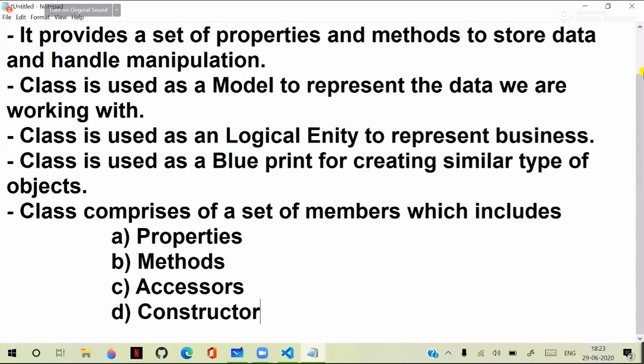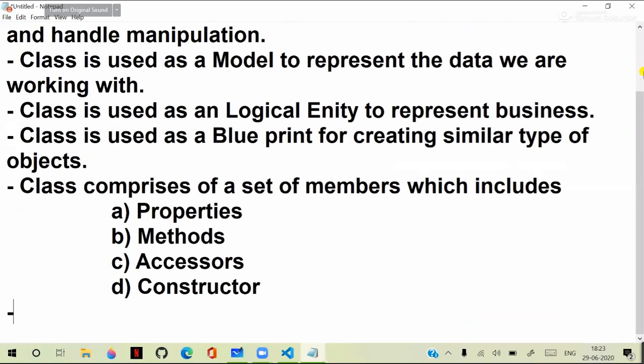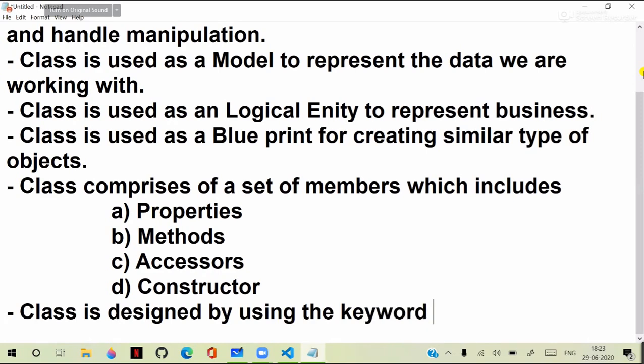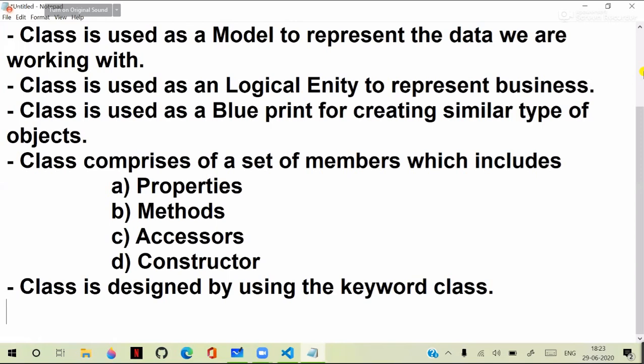And what is their purpose? And how do we use these members? We will see. And the class is designed by using the keyword class. Actually, we have to know about two important things: class declaration and class expression.